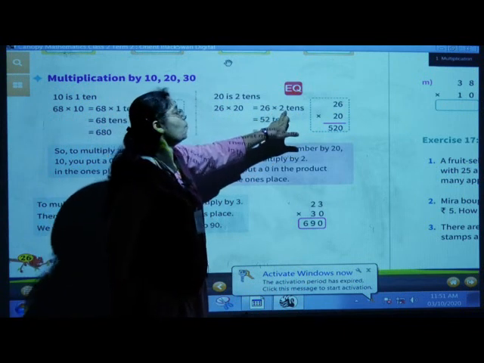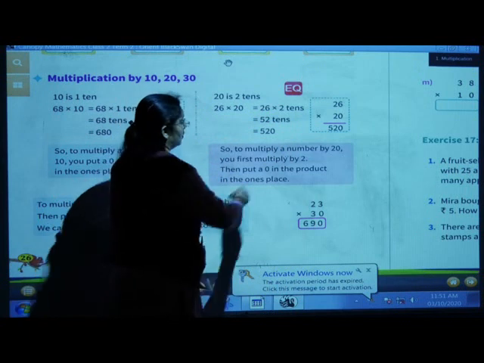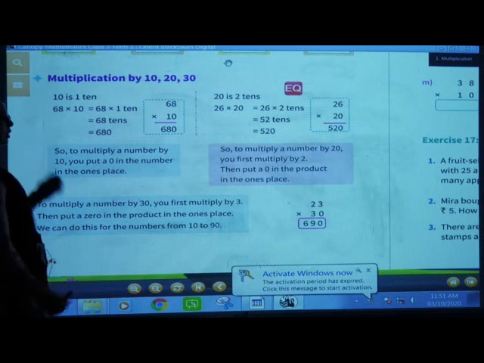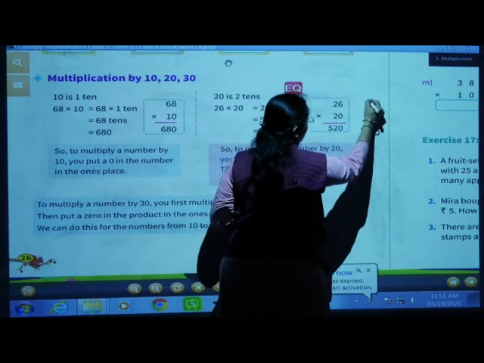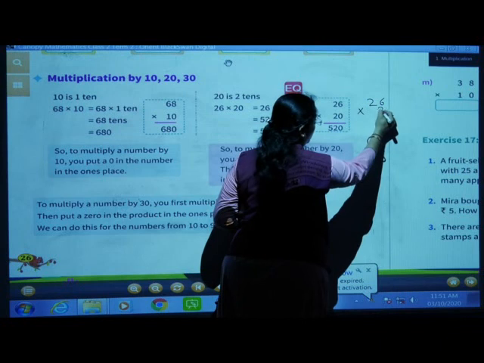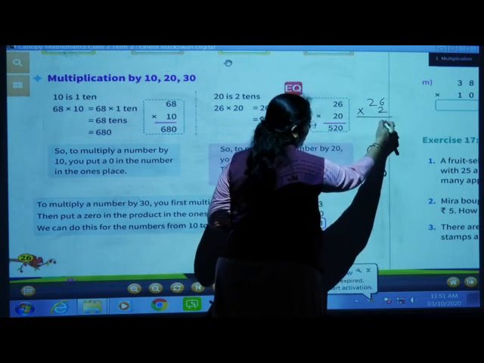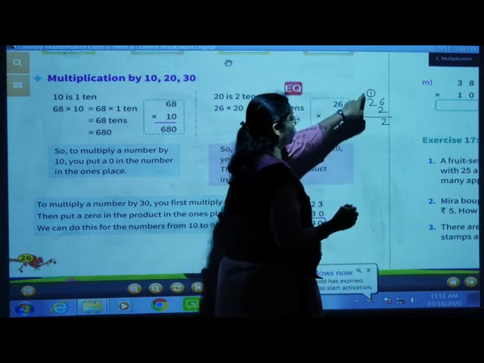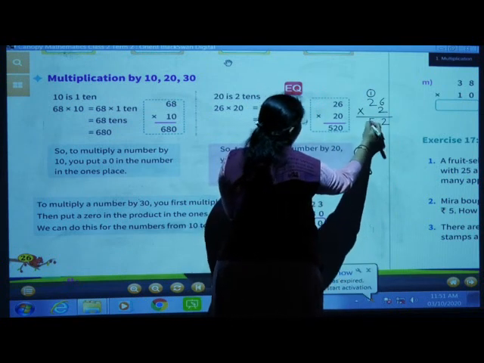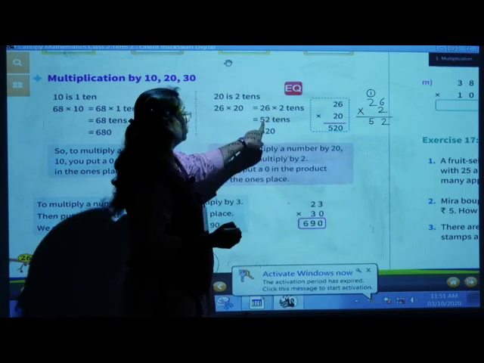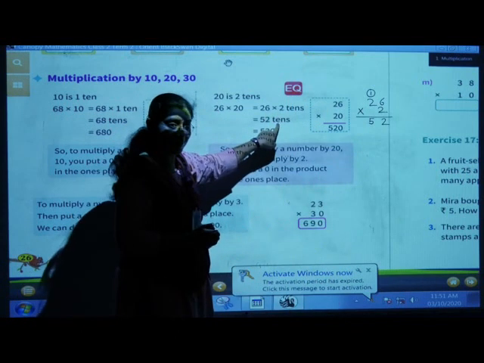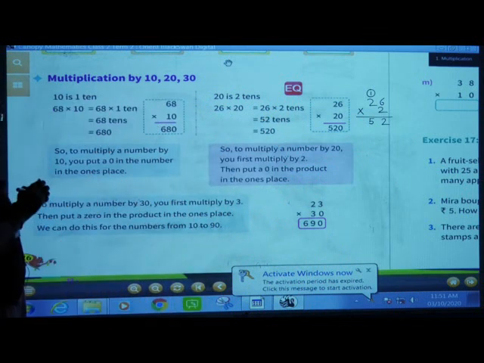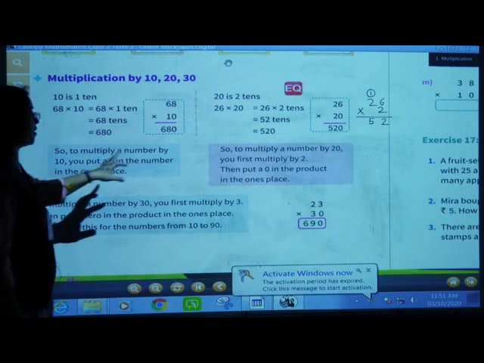Then 26 into 2: 2 6s are 12. 2 will be here and 1 will be the carry. 2 2s are 4, 4 plus 1, 5. Means 26 into 2 is 52. We have to write here tens. 52 tens. And tens means we have to put a 0 in the ones place.